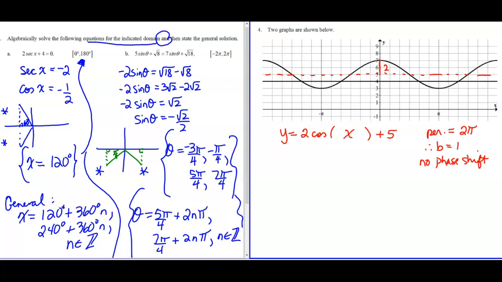So, look for the period. Period turns out to be 2 pi. So, b is 1. That's going to be my one equation. My second equation is y2 equals 4. Okay, so now when I'm solving this, I would solve the equation 2 cos x plus 5 equals 4.